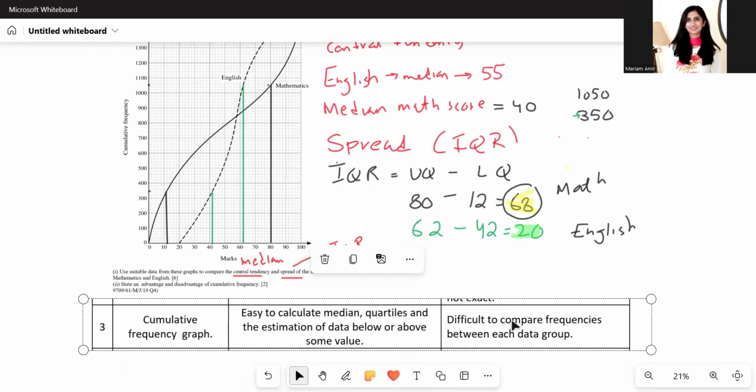But a disadvantage is that if you need to convert the cumulative frequency table back into the frequency table, which we've been doing now and then in this worksheet, then that's a tedious task. So the disadvantage is that it is difficult to compare frequencies between each data group, that is, difficult to construct a frequency table from a cumulative frequency graph. And the advantage is that we can quickly find medians and quartiles in a cumulative frequency graph.